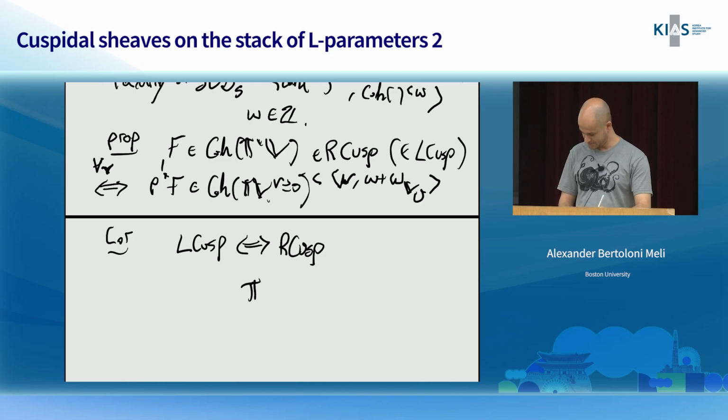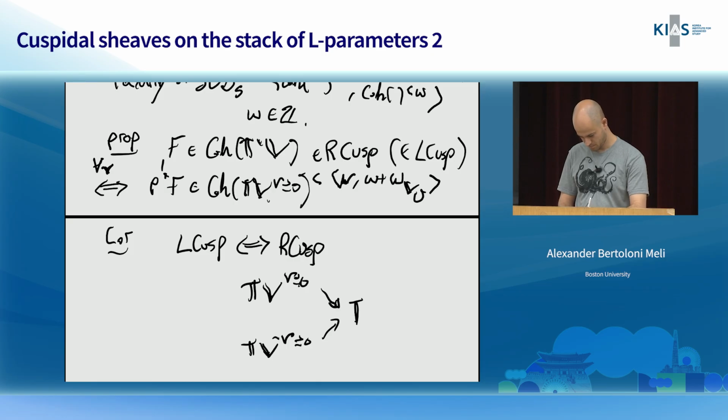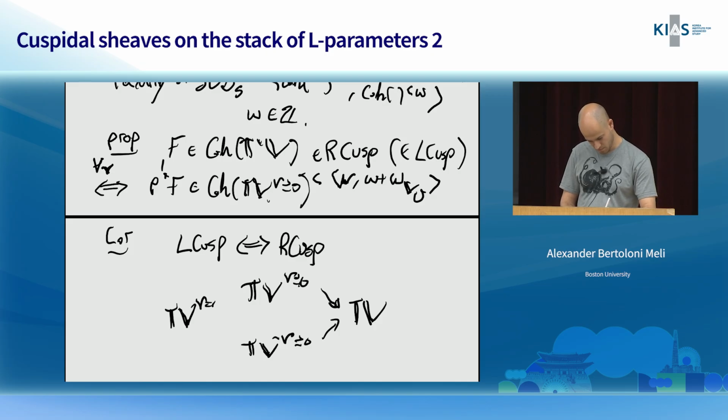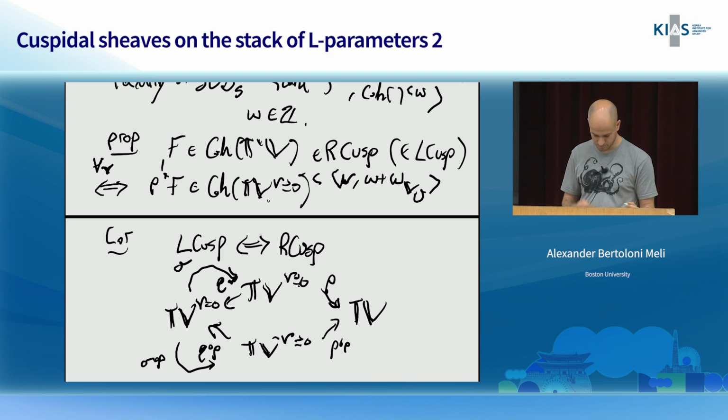There's a diagram like this: P, let's call this P op, Q op, Q, and then there are also maps sigma and sigma op. Okay, and this diagram commutes.